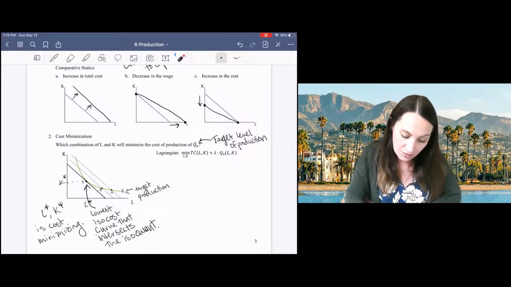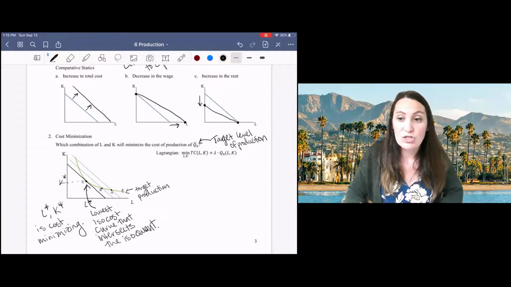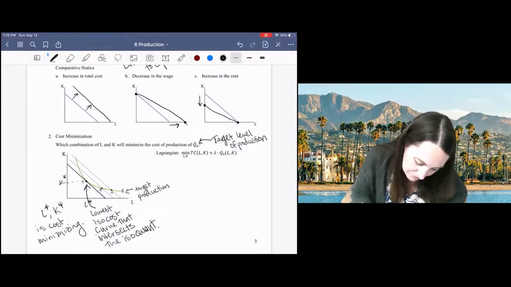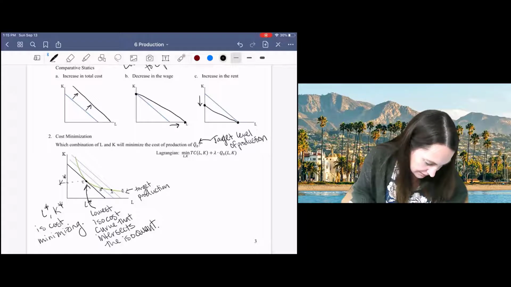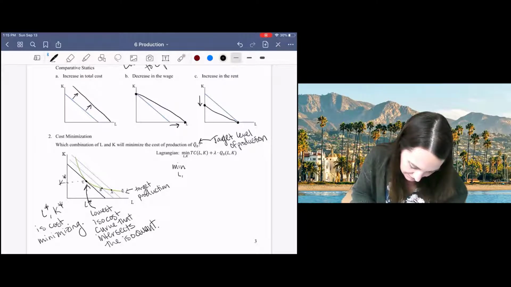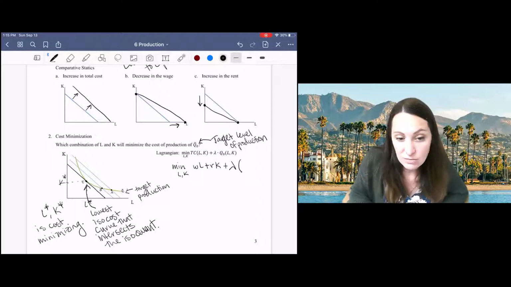All right, so here we're minimizing total cost subject to the target level of production. And so we can write that out generically as: choosing labor and capital, minimize our total cost function plus lambda times, now we want to rearrange this constraint so that it's equal to 0.